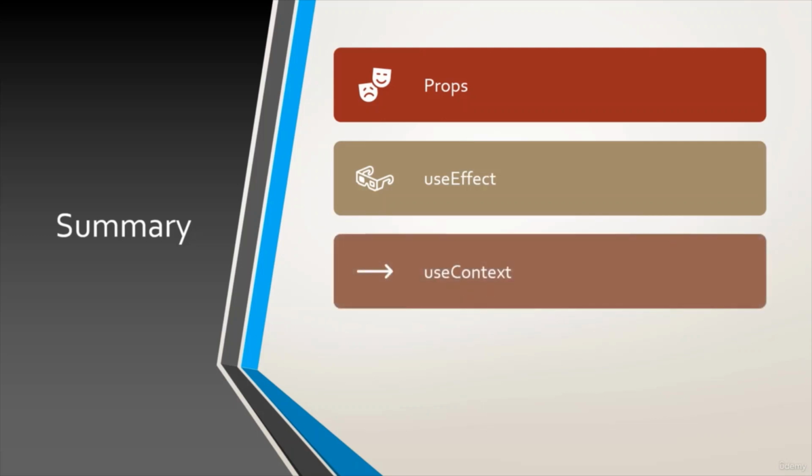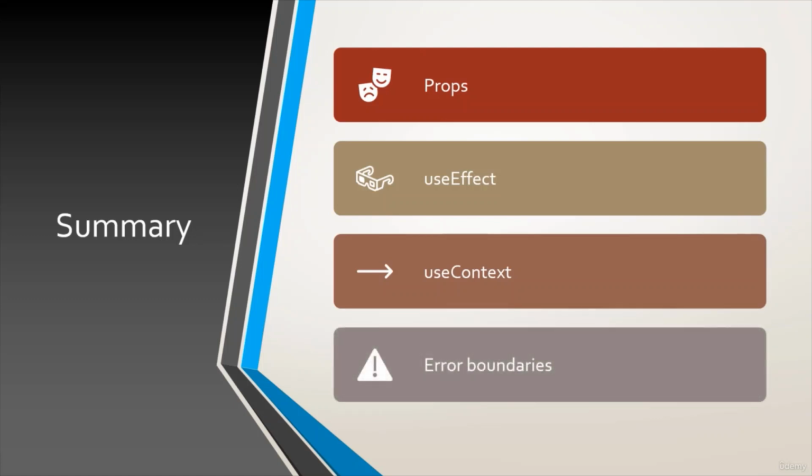The React hook called useContext allows us to have something like a global communication channel in our React application that will allow our components to talk to each other, no matter where they are in the component hierarchy. With error boundaries, we can avoid the collapse of our web application by catching the errors that have occurred in our components and showing a custom UI in that case.